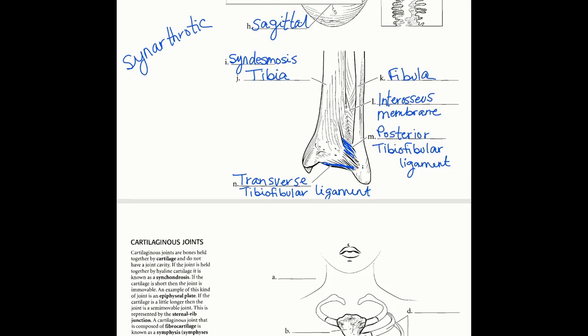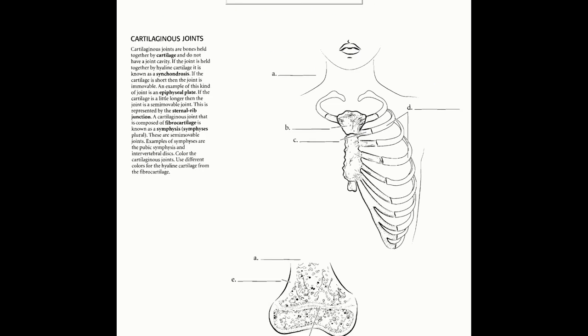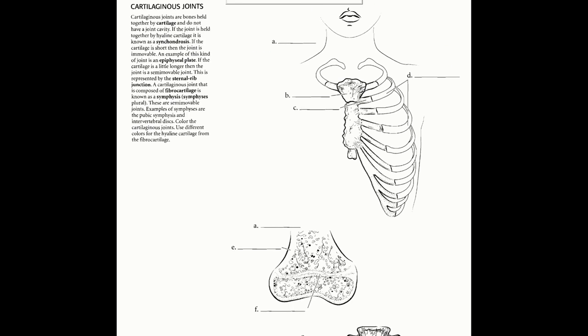As we move on to our next page, we've got our amphiarthrotics. These are going to show just a little bit of movement. Our first example here is our sternal rib junction.